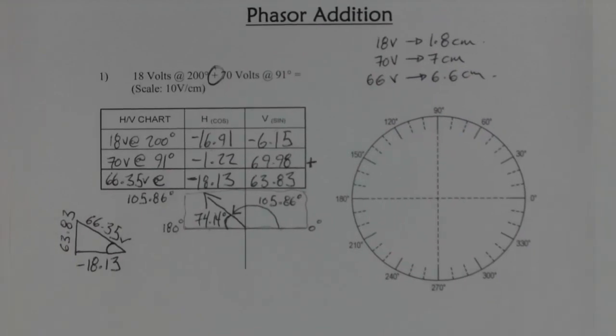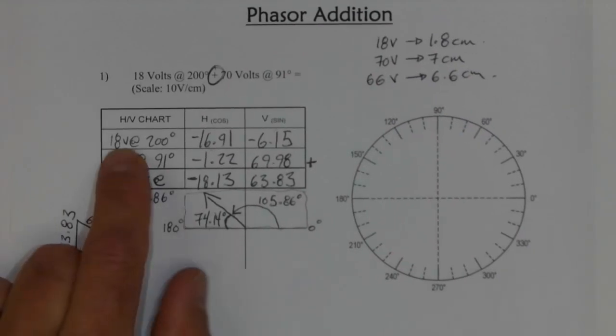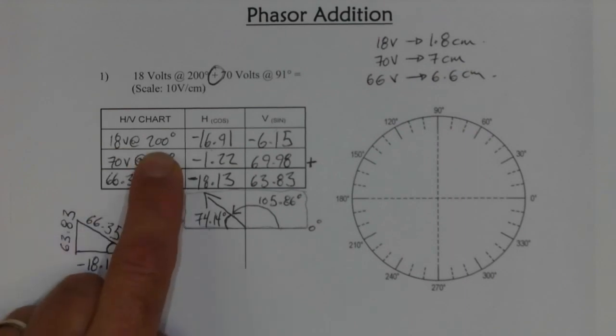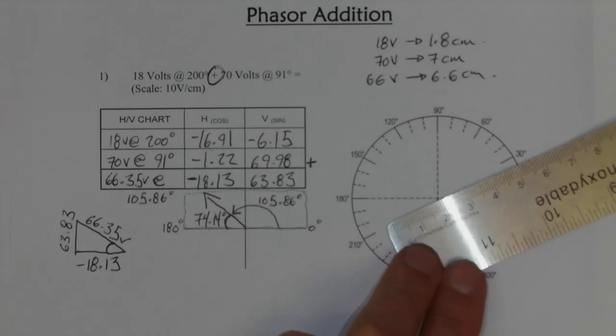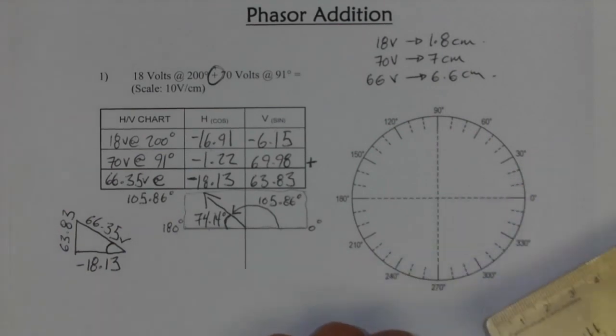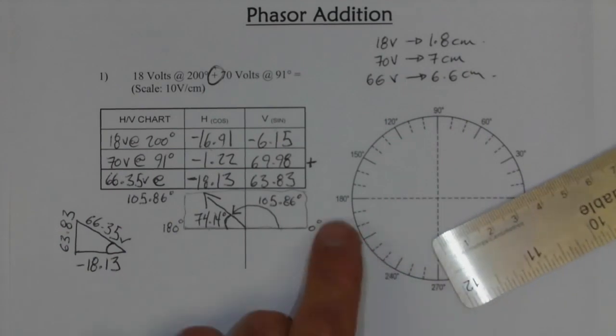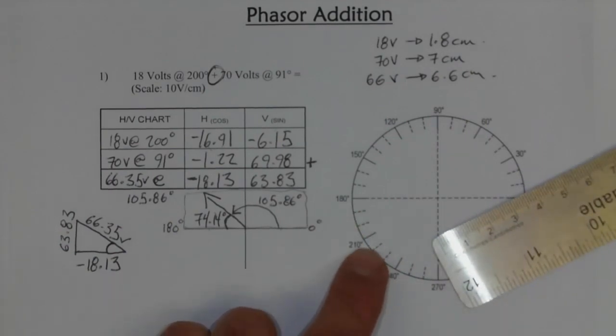First one, 18 volts at 200 degrees, it's going to be 1.8 centimeters in length. So here is my ruler. This does not have to be absolute precision, but let's see, 200 degrees. So 180 is there, and then 210 is here, and they're going by tens, right?